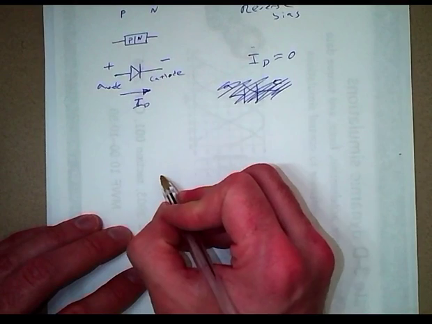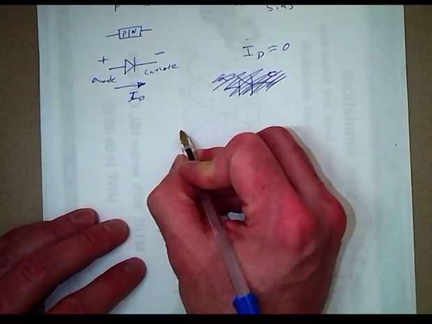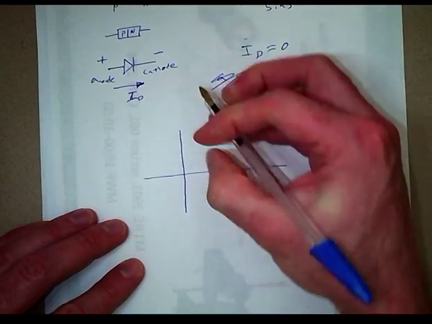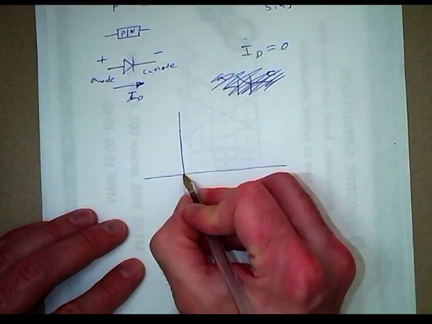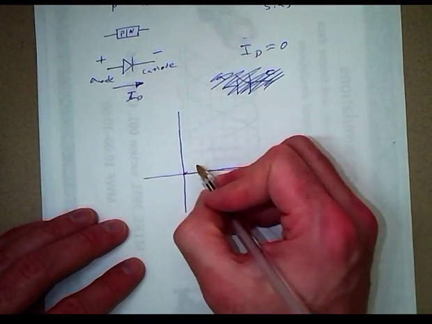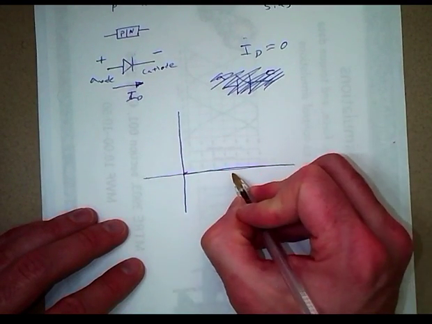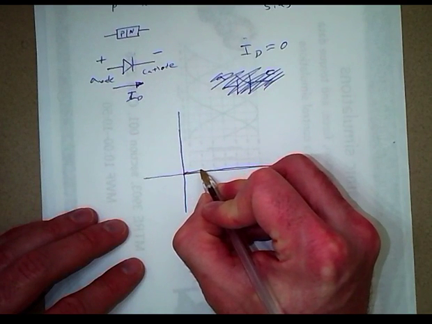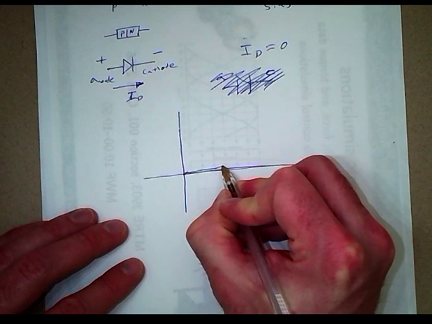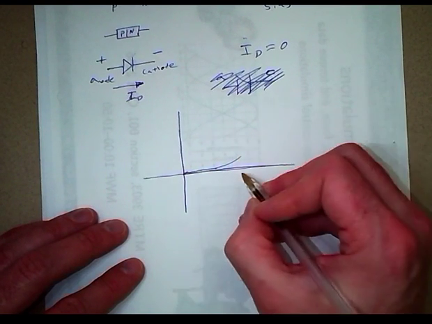So here's a curve showing approximately the relationship between voltage and current in a diode. Starting off at 0 volts, the current is very, very small until we get to about 0.6 volts.